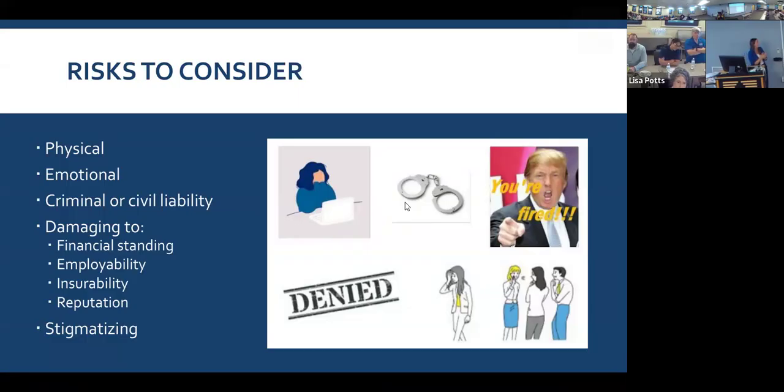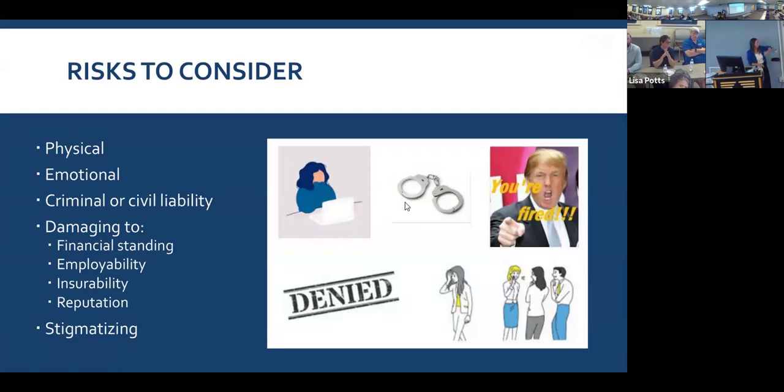And when you're thinking about risks, just a reminder that a lot of people do think about right away the physical and maybe the psychosocial impact that something might have. But a lot of times, some of these other things can be overlooked.